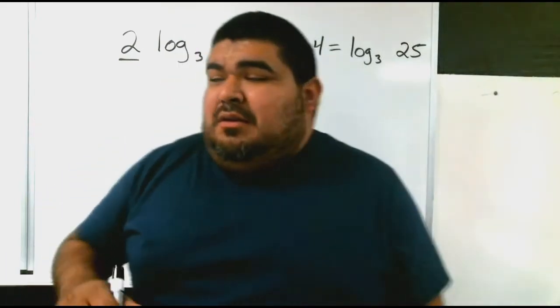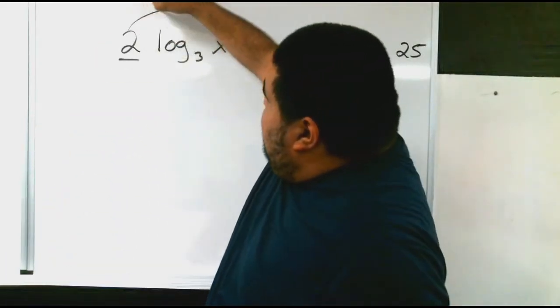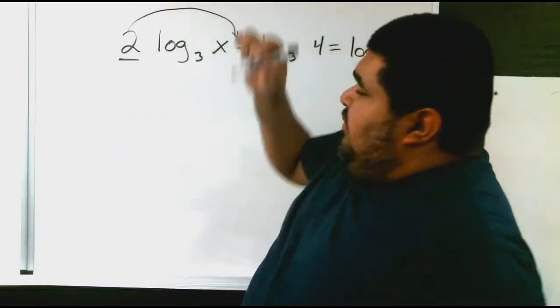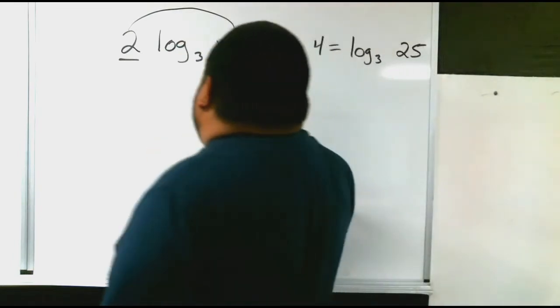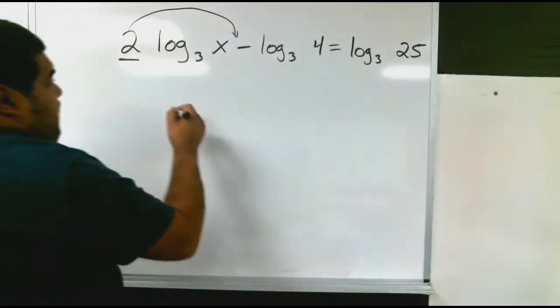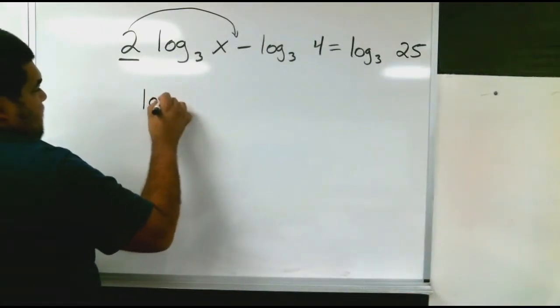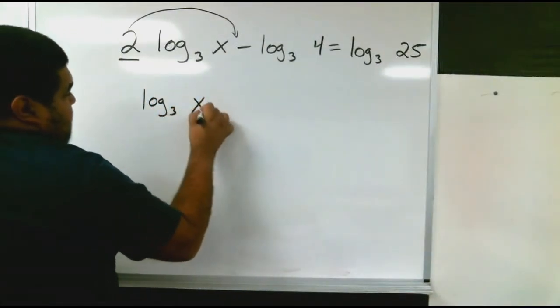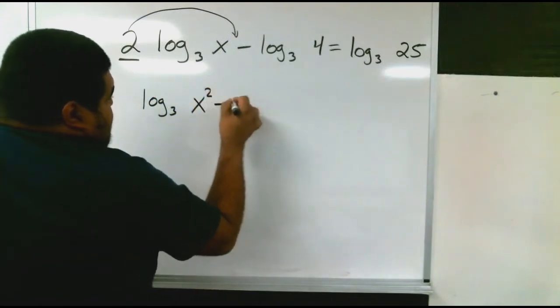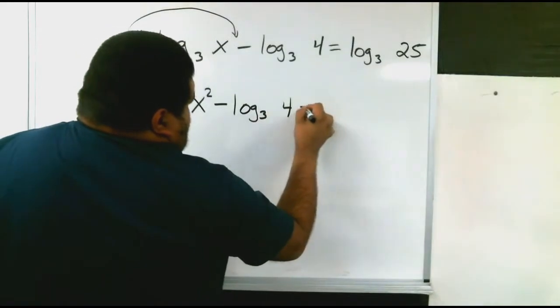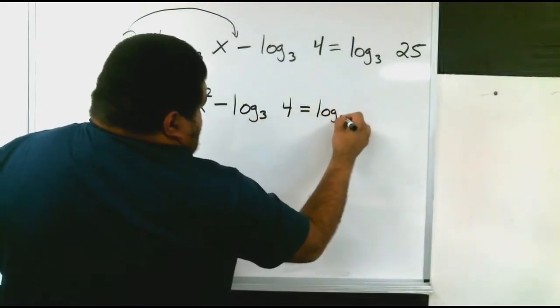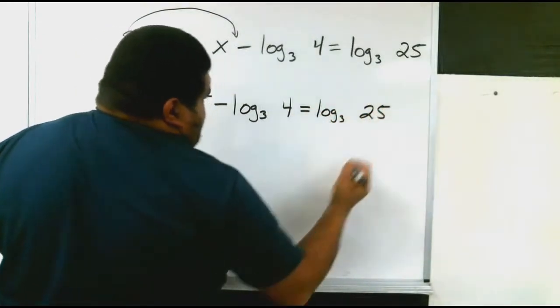In order to get rid of the 2, we move it as an exponent next to the number after the log, which in this case is x. So our new problem is log 3x squared minus log 3, 4 equals log of 3, 25.